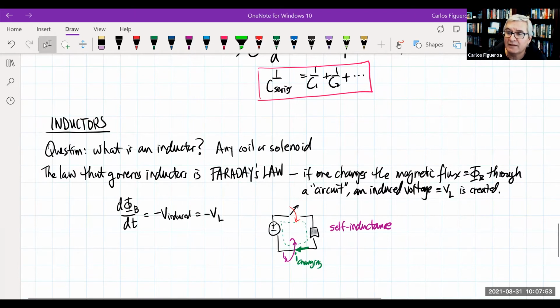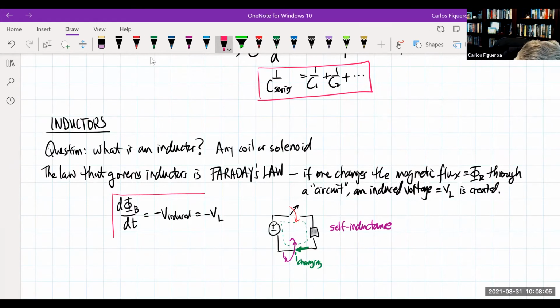But that's what we mean by Faraday's law. This is the governing law of all inductors, and it's very, very close to the inductor equation. We talked about the capacitor equation.